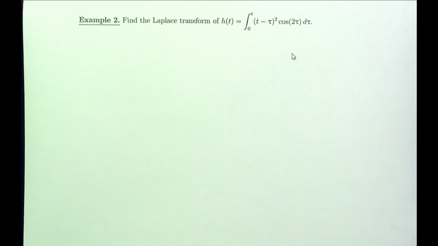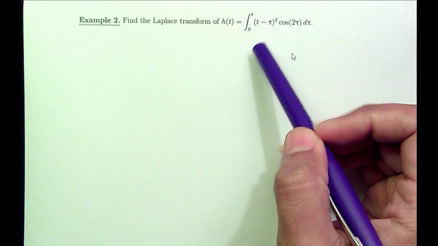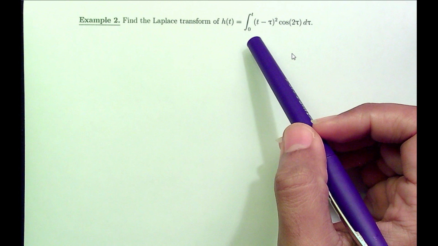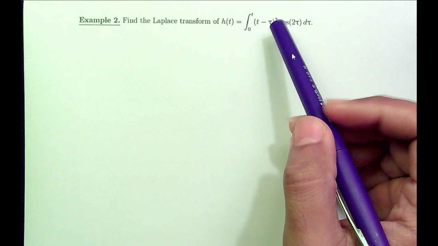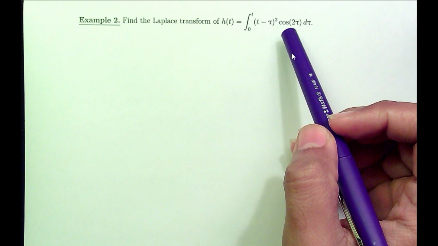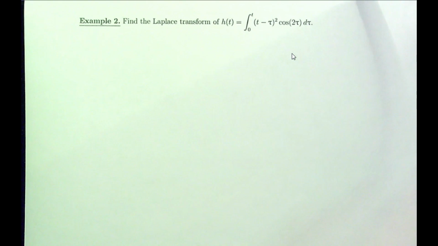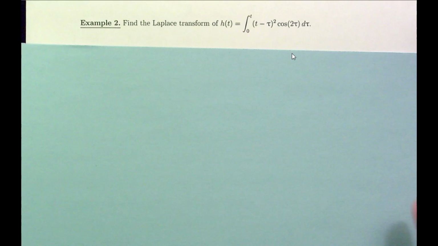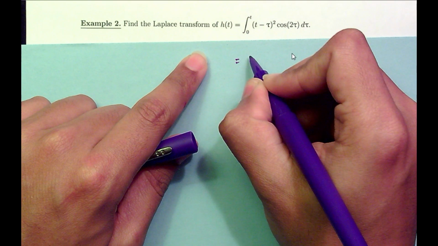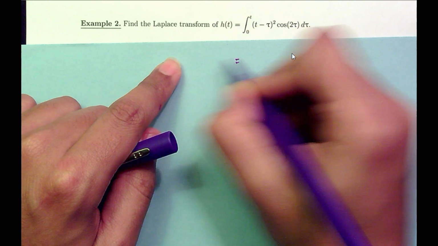Here's a different example. It says find the Laplace transform of h of t, where h equals the integral from 0 to t of (t minus tau) squared cosine of 2 tau d tau. That integral right there should remind you of the convolution product of two functions.